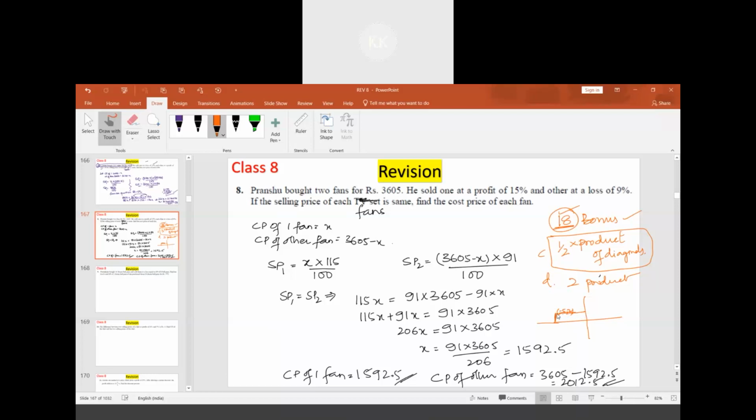And if you consider the origin here, this diagonal will be larger because this becomes the hypotenuse. This is the shortest distance.